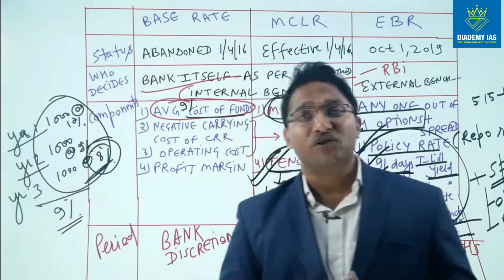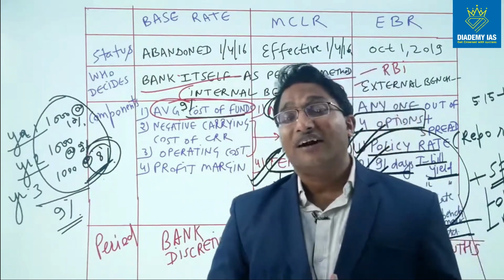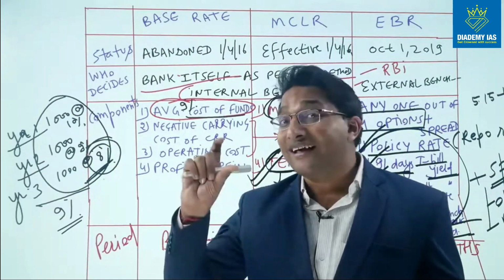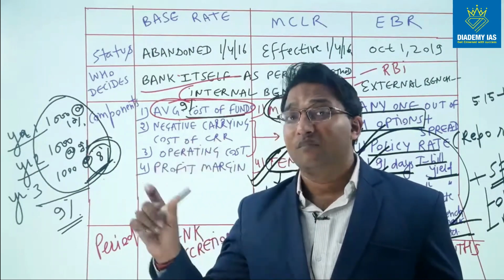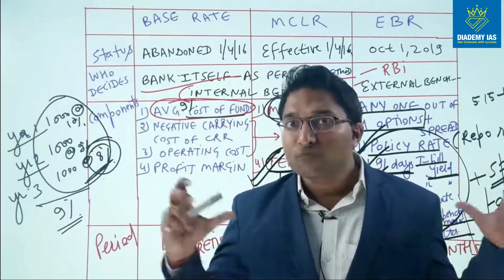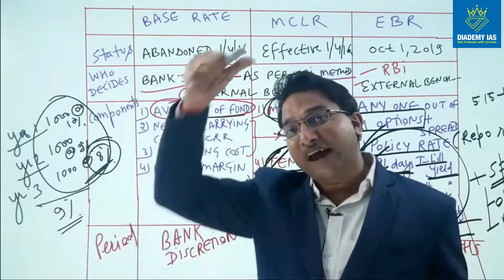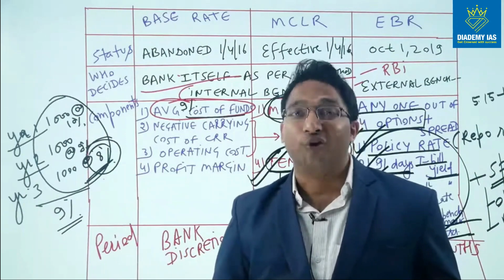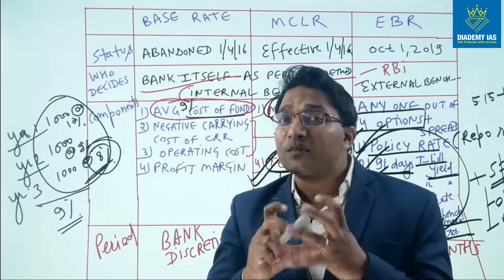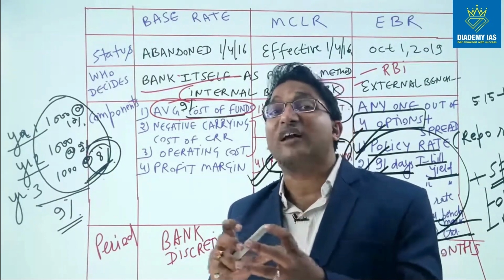What is the problem of monetary transmission? The problem is that RBI is changing the repo rate, but there is no consequential impact upon the lending rate. So this problem can be eliminated if external benchmark lending rate is followed, and RBI can control the money supply in a more effective manner.